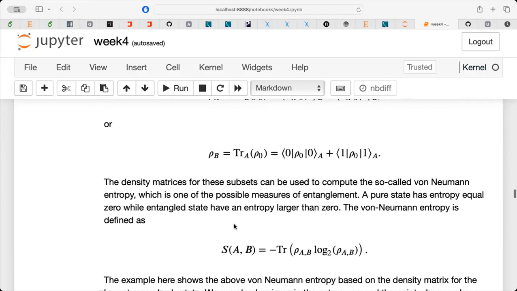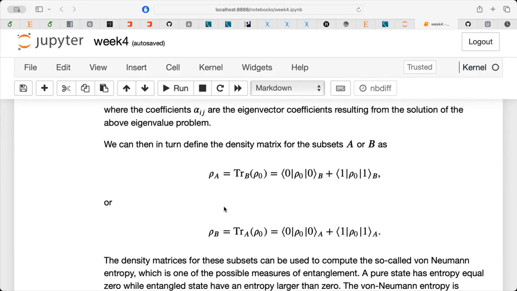And the thing which I wanted to bring up as a parallel is something which in statistics is called the marginal distribution. So after the break, we are going to look at how we can compute this trace of the density matrix for one of the subsystems.